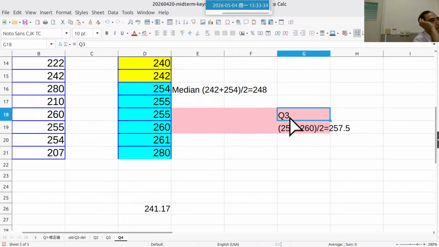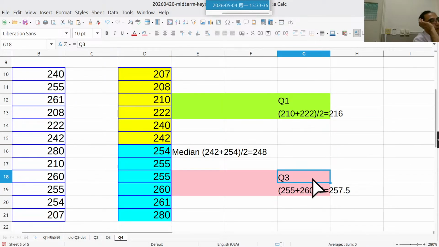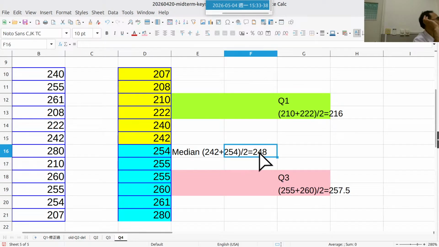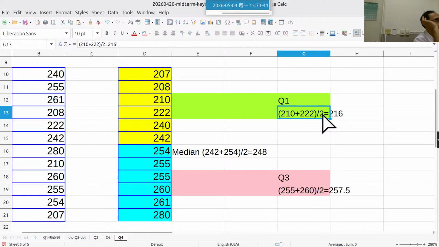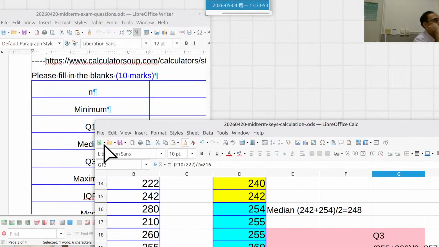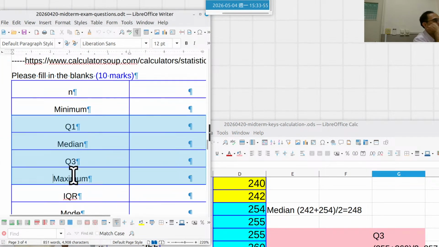Thus, that is Q3. Q2, or the median, is 248, and Q1 is 216. We have 216, 248, 257.5. One more question: 1, 2, 3, we got it?